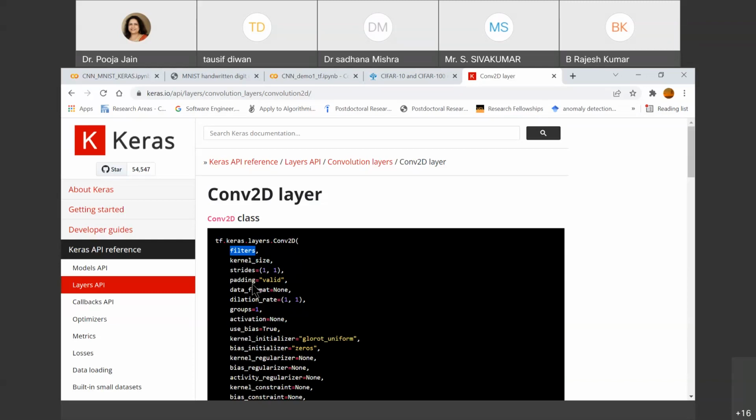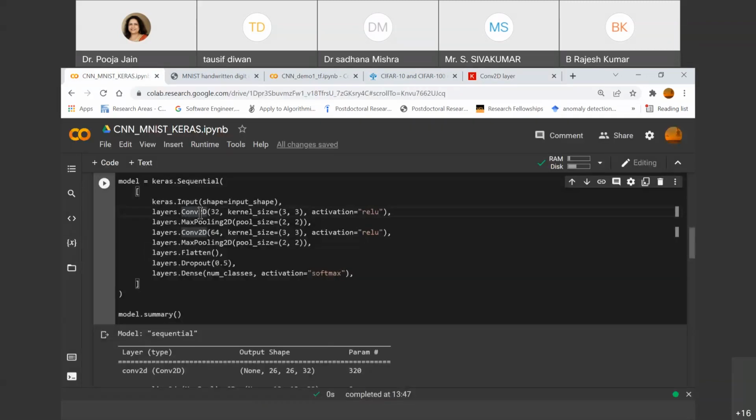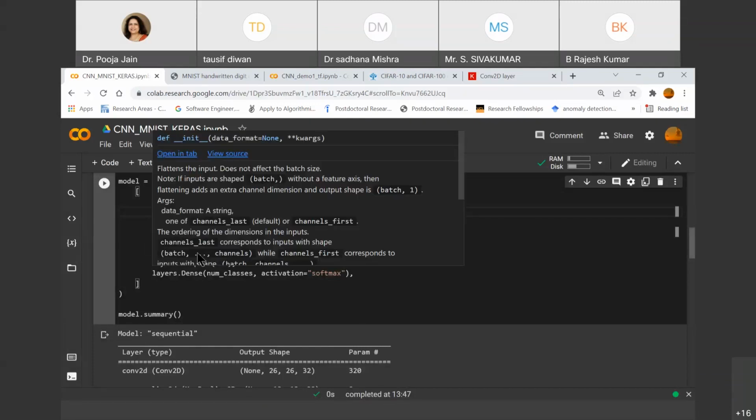Then the same convolutional layer again, but the difference is that in the previous convolutional layer we were using 32 filters, and here we are using 64 filters. Then one max pool. After that, a flatten layer, which means the volume gets converted into a vector.